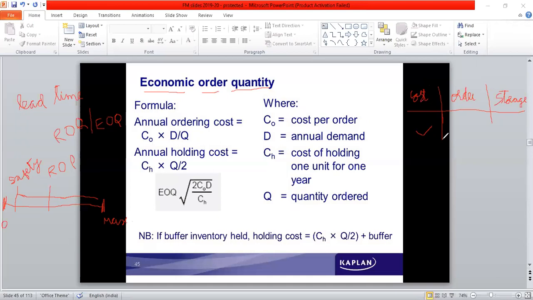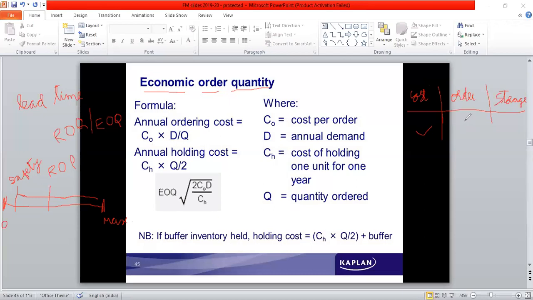Let's say that for the annual requirement, if they place only one order per annum, the ordering cost will be only to that extent, only once. But in one order they have to purchase a huge quantity of material, so their storage cost will increase.